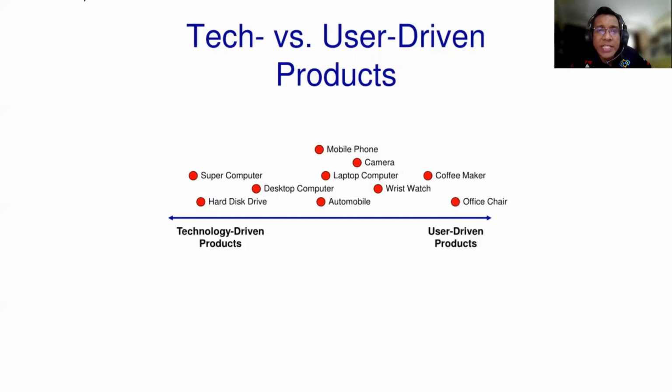And then this figure shows the classified varieties of the familiar product. So rarely does a product belong at one or two extremes. So you can see technology-driven this side and then user-driven this side. This classification can be dynamic.